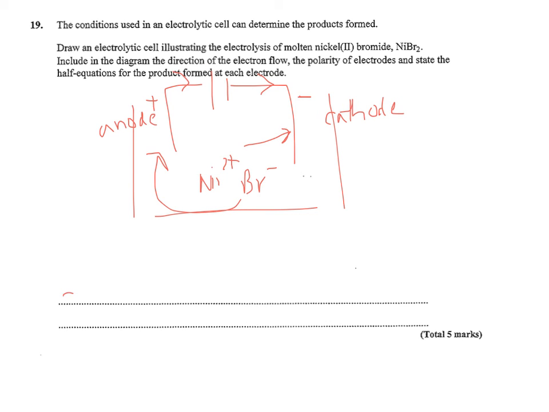So the cathode, as I said, is going to be Ni2+ gaining electrons to be reduced to nickel metal. Whereas at the anode, we're going to have bromide ion being oxidized to form bromine gas. So I'm going to need 2 on this side, and that means it's going to be giving up 2 electrons.